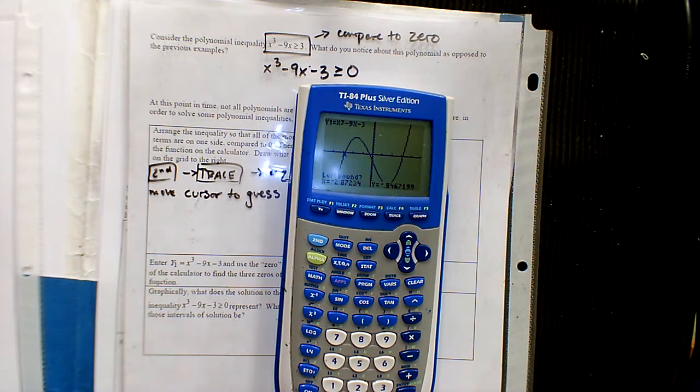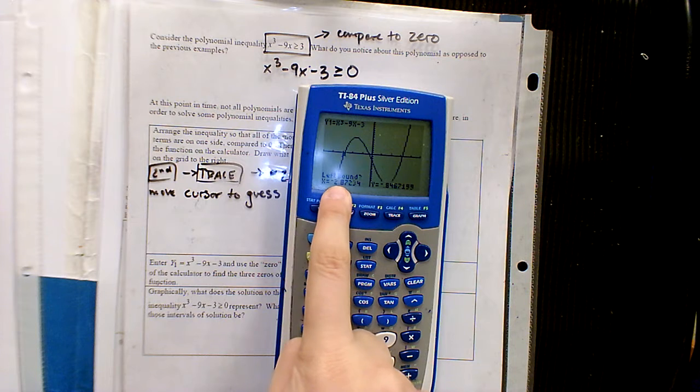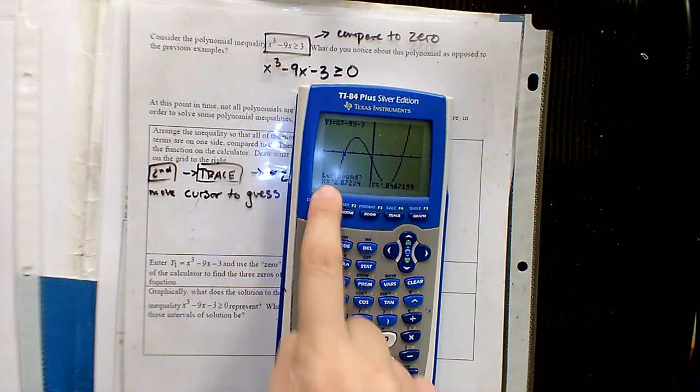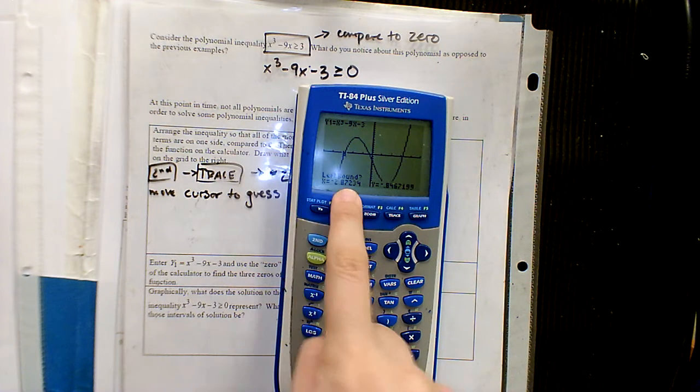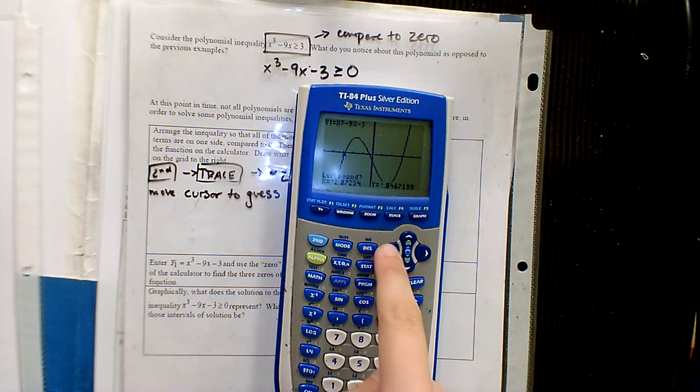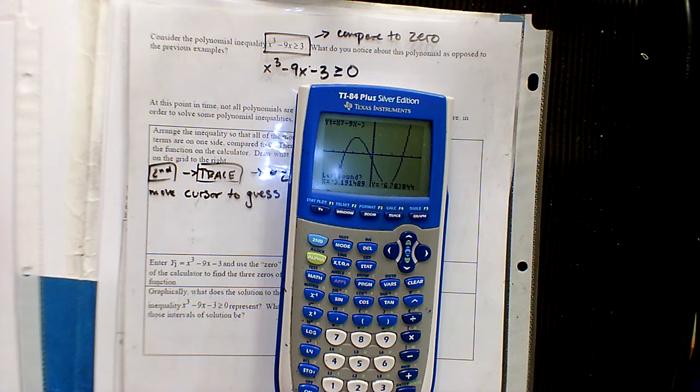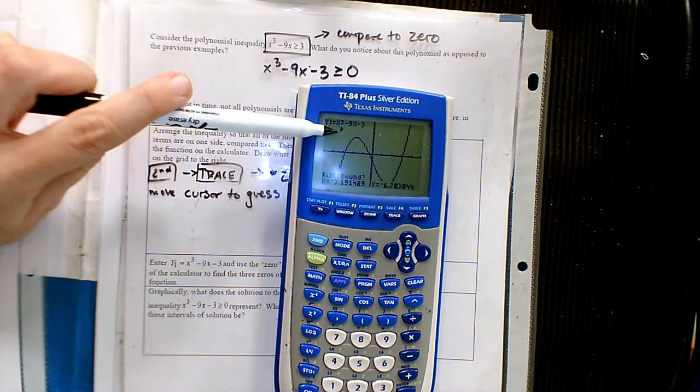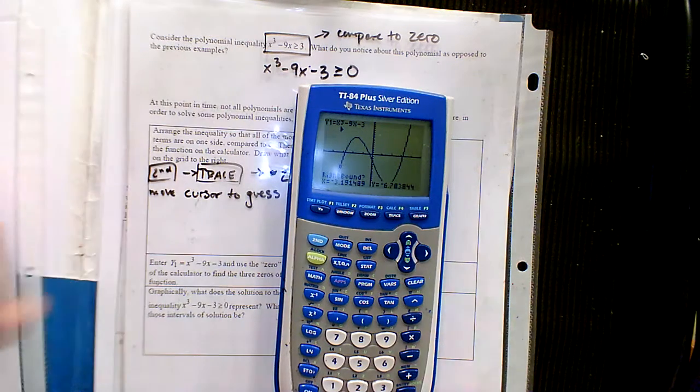So once you are at a spot that you think is an x-intercept, the calculator is going to ask you a few questions. Okay, so on the screen it should say left bound. You're going to hit the left arrow a few times, maybe like 2 or 3, and then hit enter. Okay, you should see an arrow pop up on your screen.